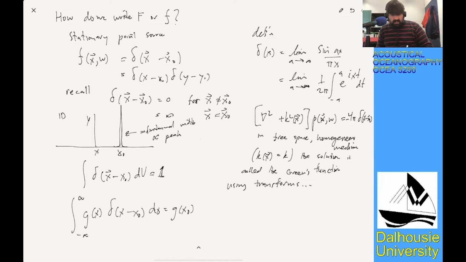Using transforms, we can find g(x, x naught), which is equal to e to the i k, the absolute value of x minus x naught, over the absolute value of x minus x naught. So this describes the propagation between some point x in the field and x naught where the source is located. And this is in free space, okay?